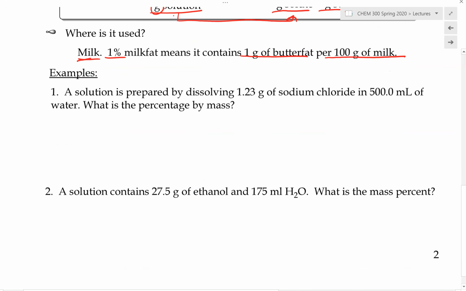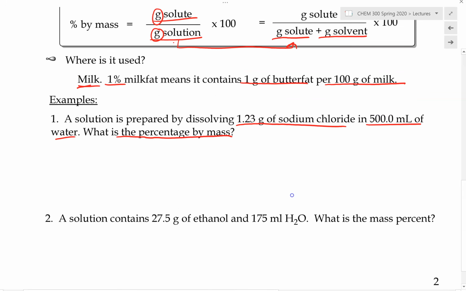And now let's go over an example to make sure we know how to calculate the percent by mass of a solution when the solution is prepared in a certain way. So let's say here the first example: a solution is prepared by dissolving 1.23 gram of sodium chloride in 500 milliliter of water. So now, how do we calculate the percentage by mass of this solution?